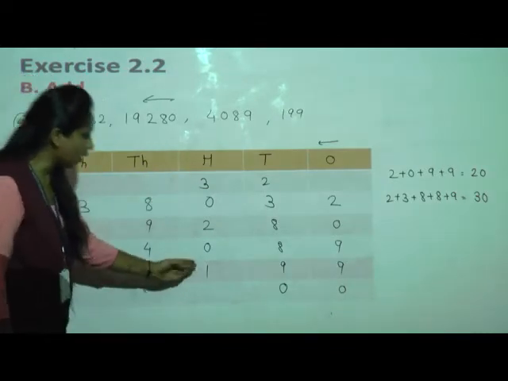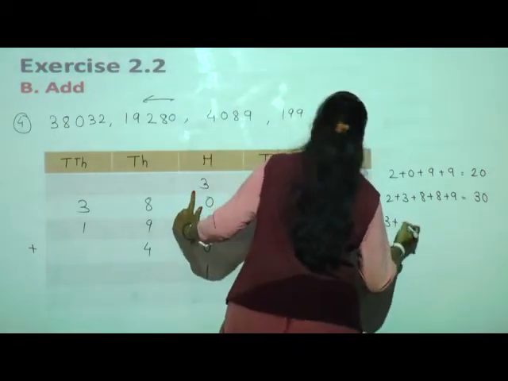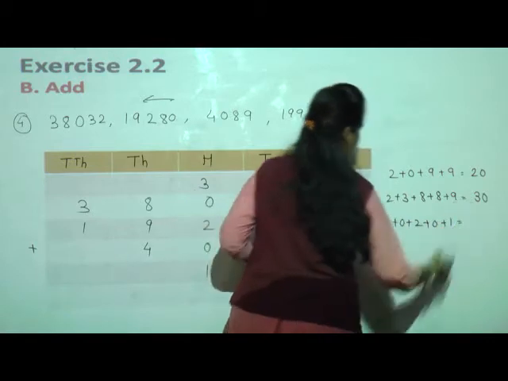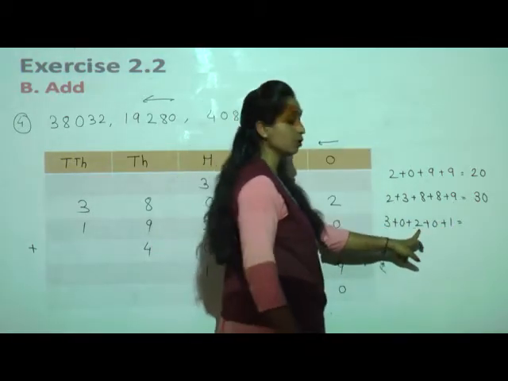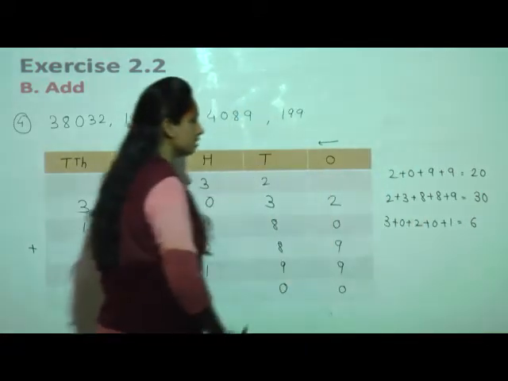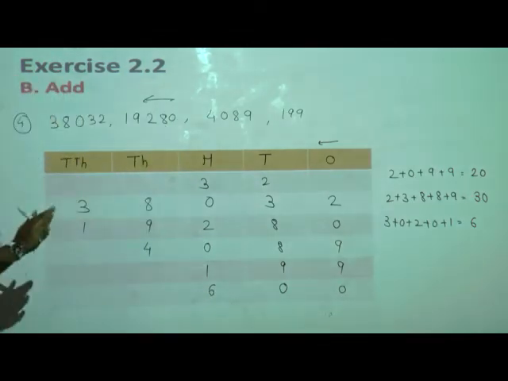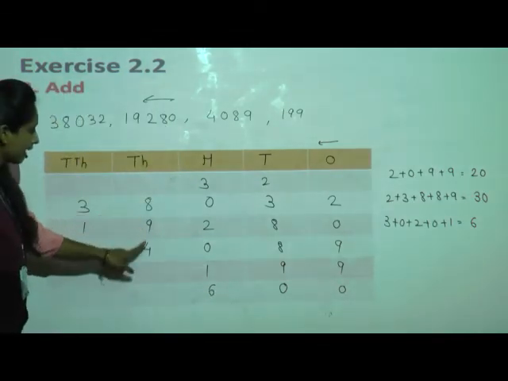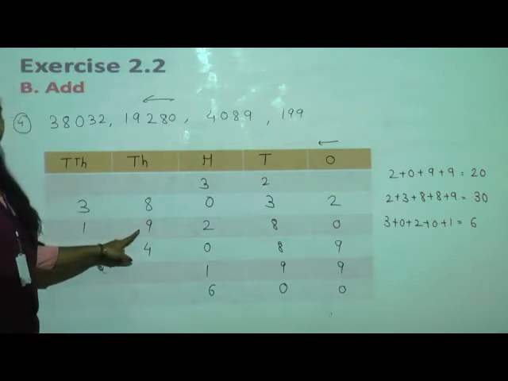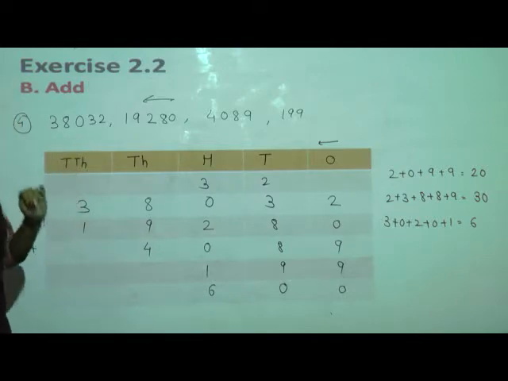Now we have to add all the numbers of the hundreds place. What are the numbers? 3 plus 0 plus 2 plus 0 plus 1. Now see, very simple. 3 plus 2, 5. 5 plus 1, 6. We got only 6. So write 6 as it is on the hundreds place. No carry to thousands. Now 8 plus 9 plus 4. 8 plus 9, 17. 17 plus 4, 18, 19, 20, 21.